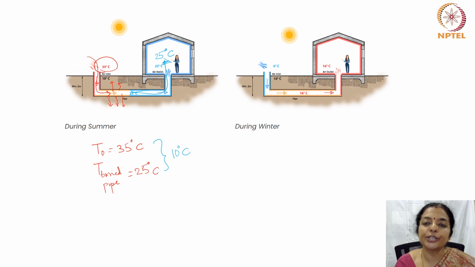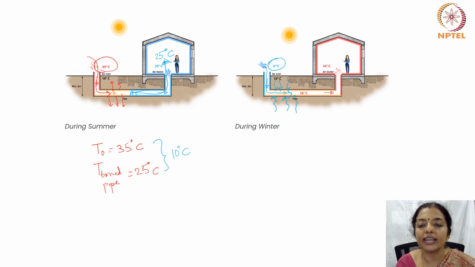What happens during winter? Suppose the temperature of this place is 6 degrees centigrade. Then it is very cool. What we need to do is make the indoors warmer. In which case, this cool air which enters the ground absorbs the heat from the soil. In the summer, it radiates.